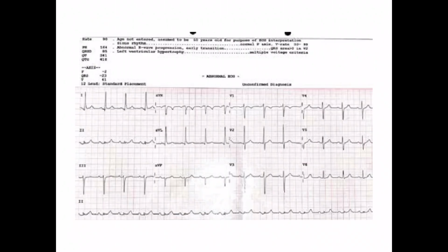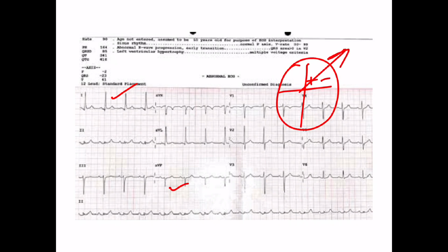If we see this ECG, again lead 1 is positive, lead AVF is negative, means left leaves. Again it is a left axis deviation. We have to see lead 2 here.